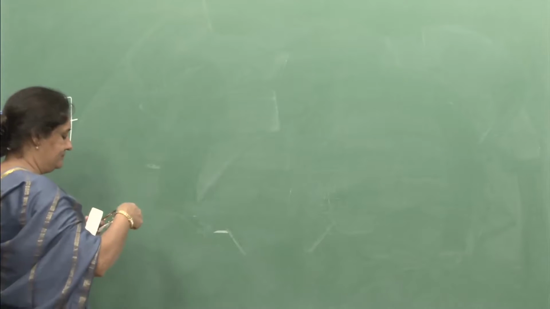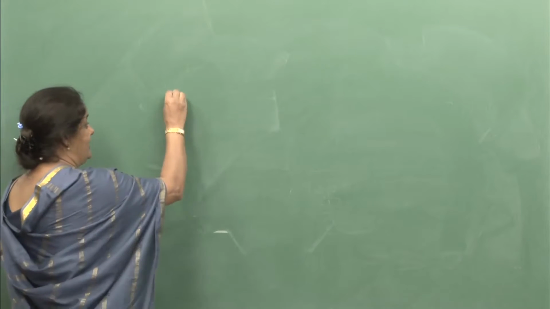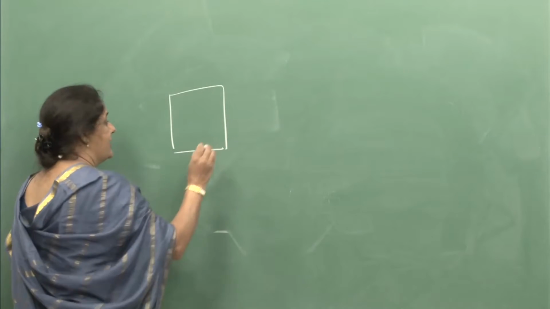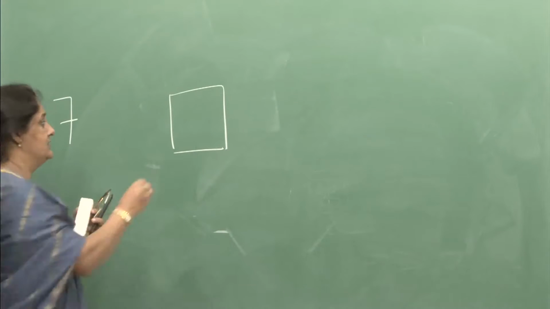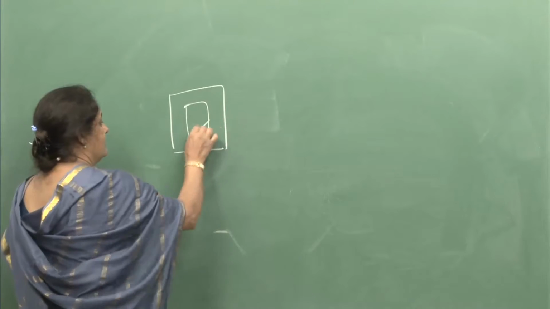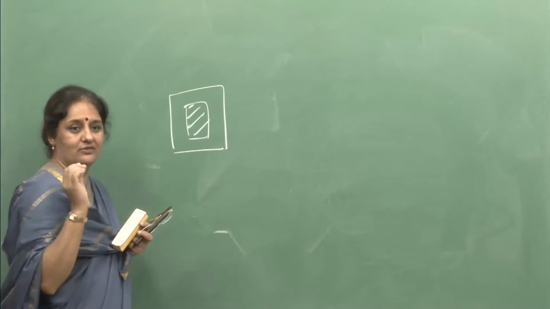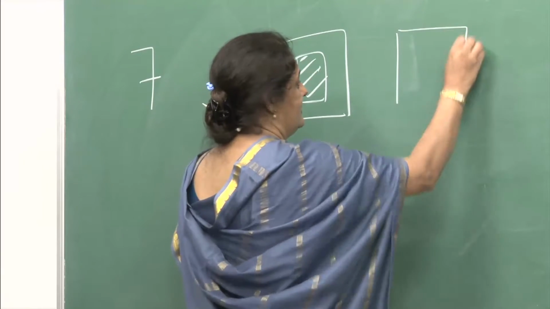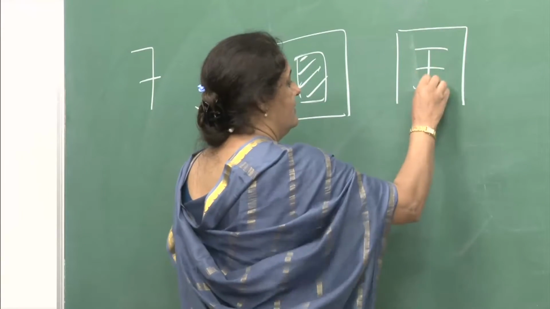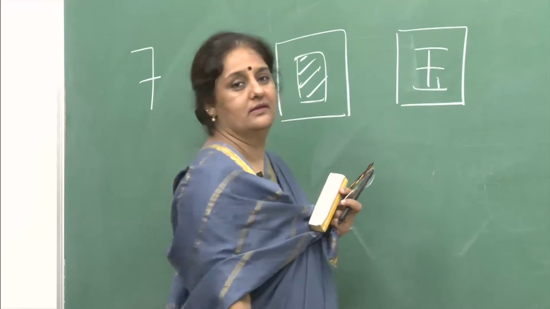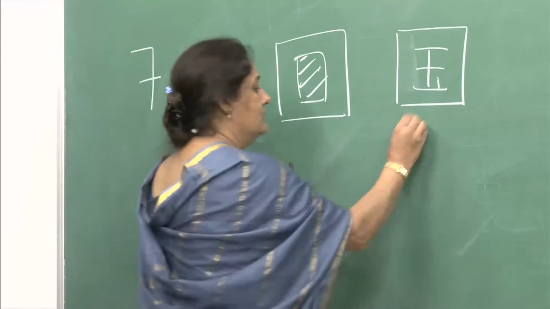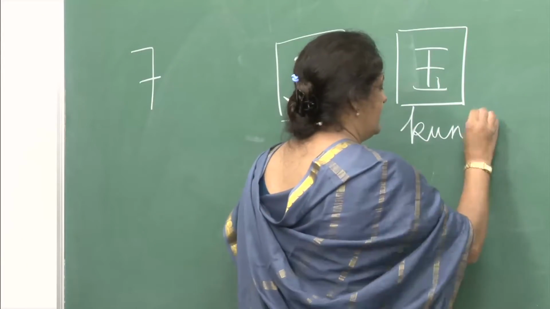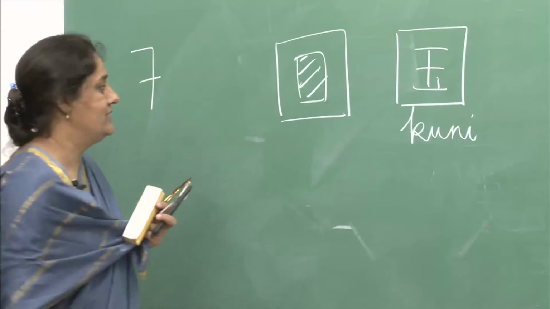Well, you could also have the character inside a box, something over here. And what is the character that you have done? Well, this is kuni. Look at this one and this kuni, meaning country. So, you could also have it like this.